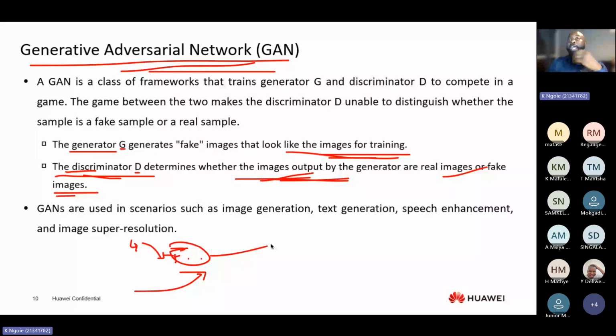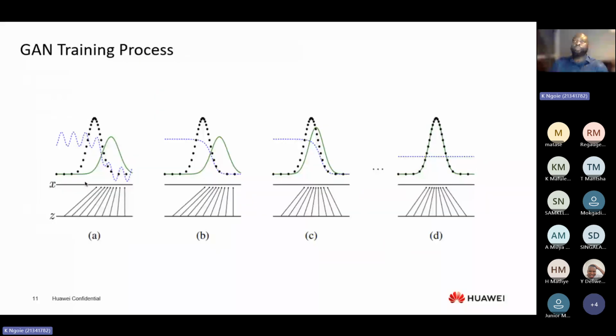The more it generates and the more it discriminates, the more it learns what a real image looks like. This type of technology is used in scenarios such as image generation, text generation, speech enhancement, and image super resolution. As the learning process is happening, one of the inputs is the real image, and one of the inputs is the fake image created by the generator, until it gets to a point where it understands how the real image should look.